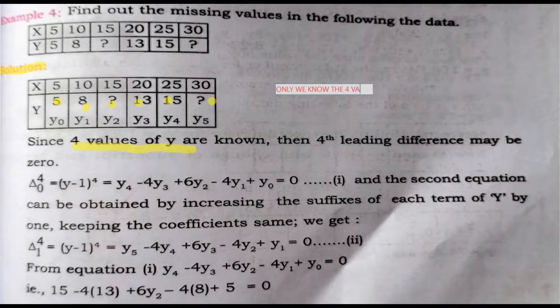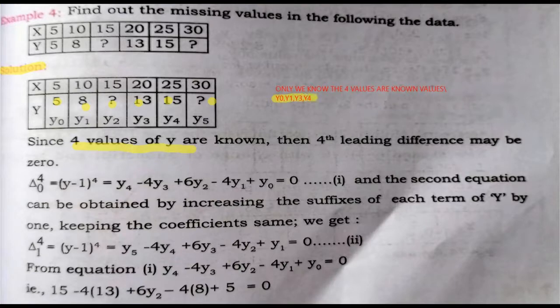What are those 4 values? It is y0, y1, y3, y4. These 4 are the known values.